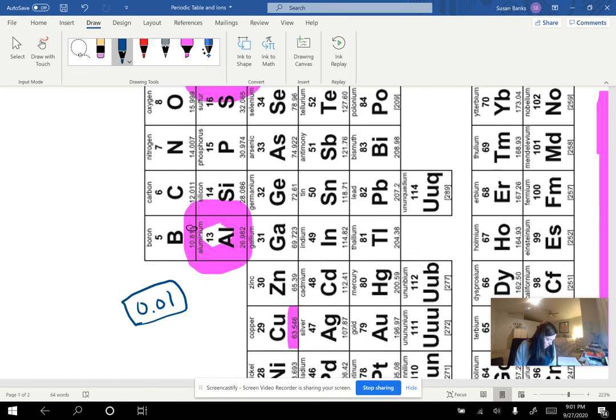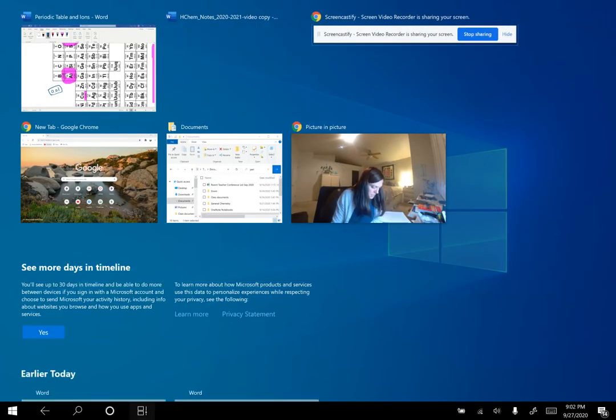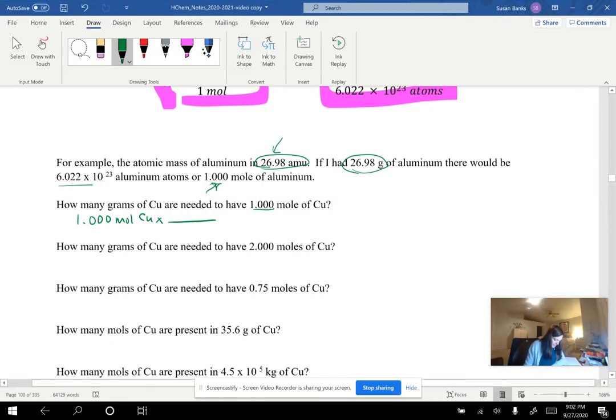So 63.55 grams will give me 1 mole of copper. My moles of copper cancel. 1 times 63.55, I've got 4 sig figs here and 4 sig figs there. 63.55 grams of copper.